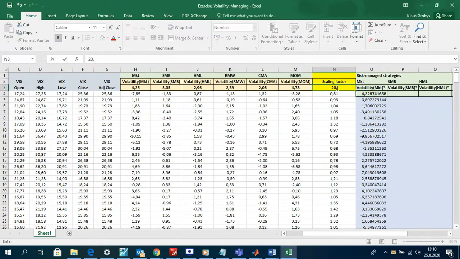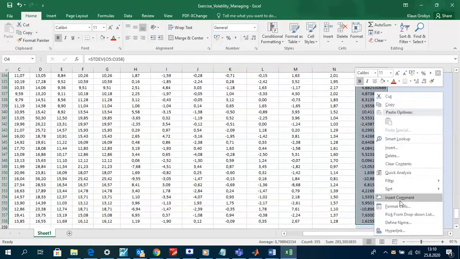Let's try 20.6. And now we are actually there. If we take 20.61, it's something in between 20.6 and 20.61. So if you take 20.6, let's round these numbers here.